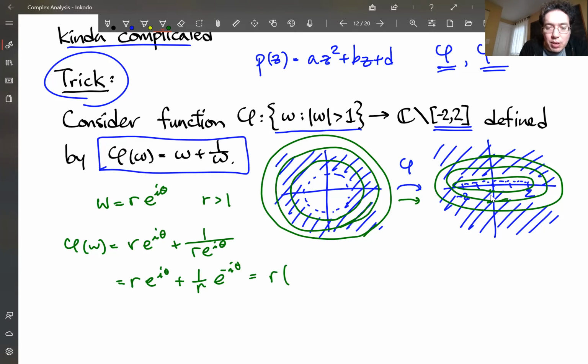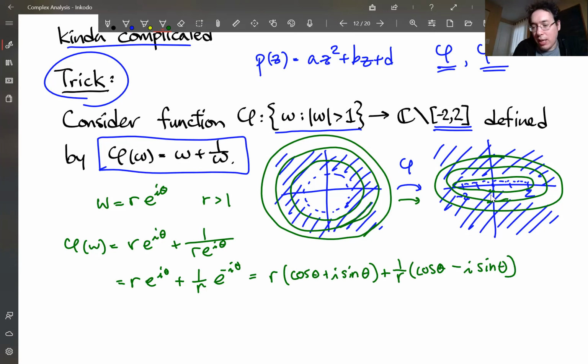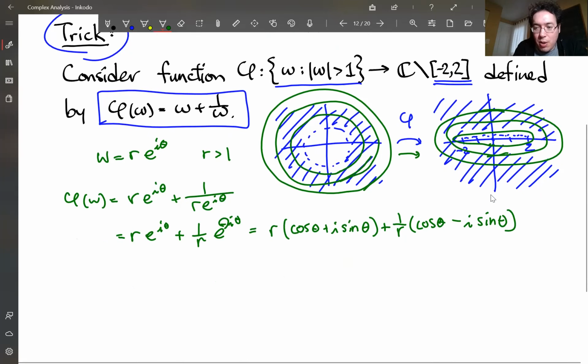So r times cosine theta plus i sine theta, plus 1 over r times cosine of negative theta, which is the same thing as cosine of theta because cosine is an even function. And sine of negative theta is the same thing as negative sine theta because sine is an odd function. So the negative up here could be pulled outside of the sine function, like so.